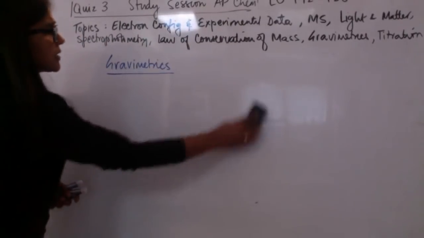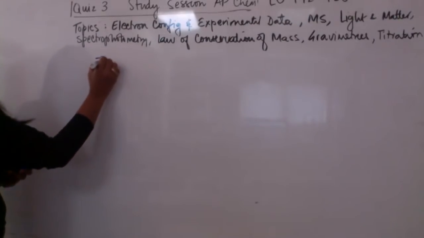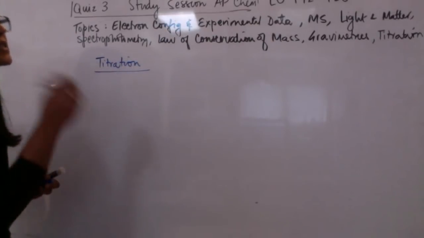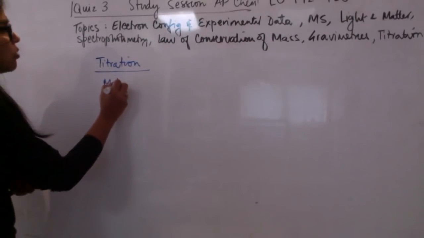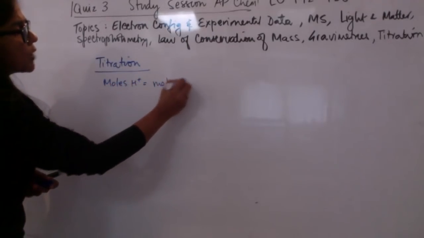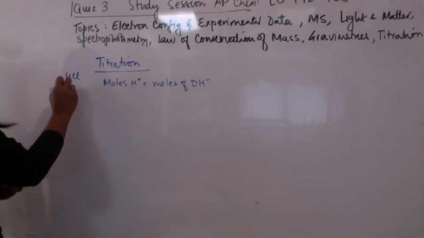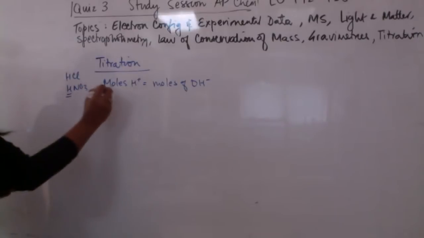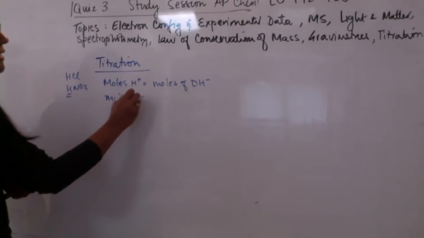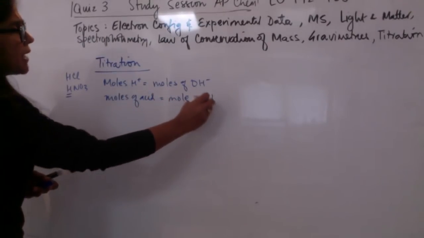And the last concept is titrations. In a typical titration, at equivalence point, moles of H plus become equal to moles of OH minus. Generally your acids are like HCl, HNO3, where there's only one H. So instead of saying moles of H plus, you can also say moles of acid equal moles of base.